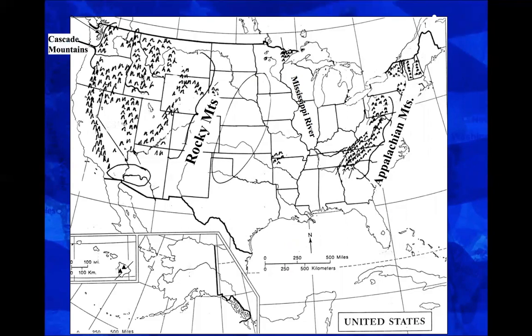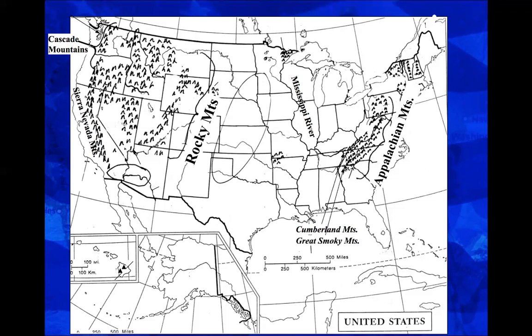The Cascade Mountains are up in the kind of northwestern area up here. The Sierra Nevadas run through California, really tall set of mountains. And then some of the mountain ranges that are part of the Appalachians include the Cumberlands, which are closest to Tennessee.